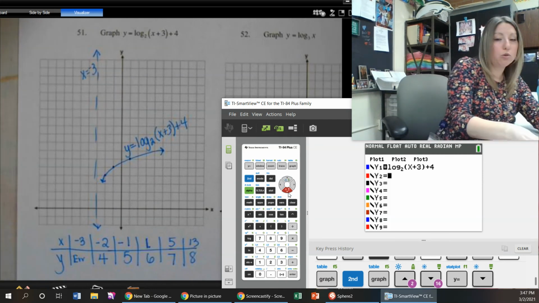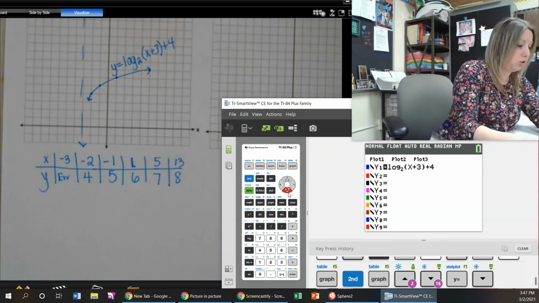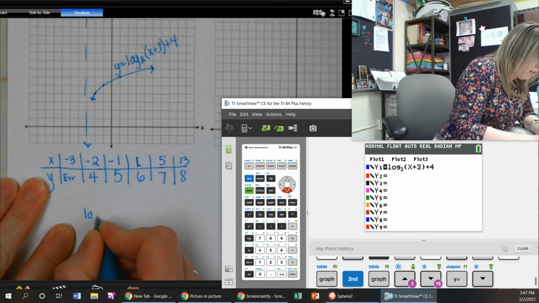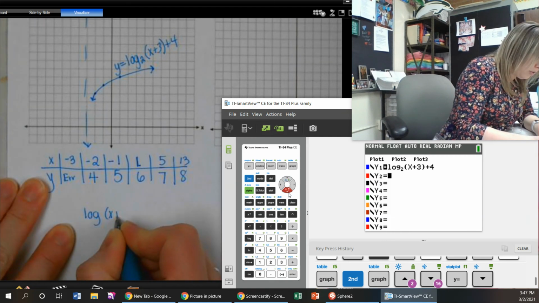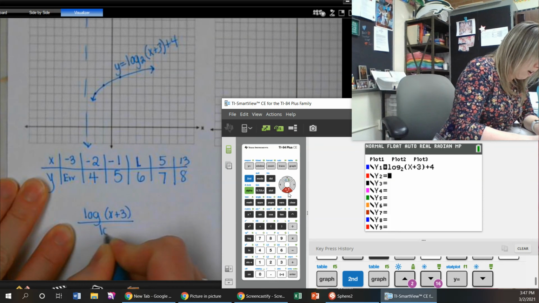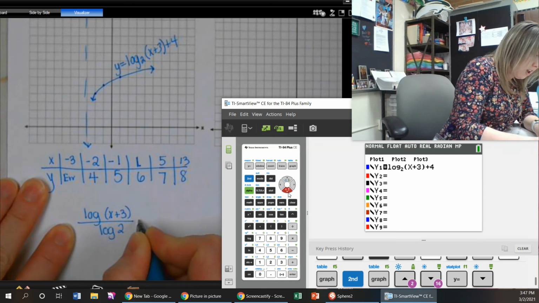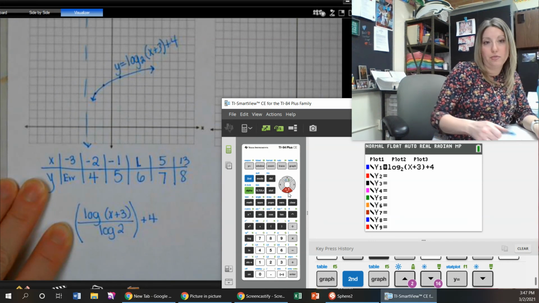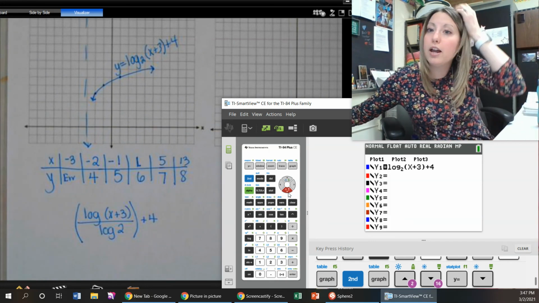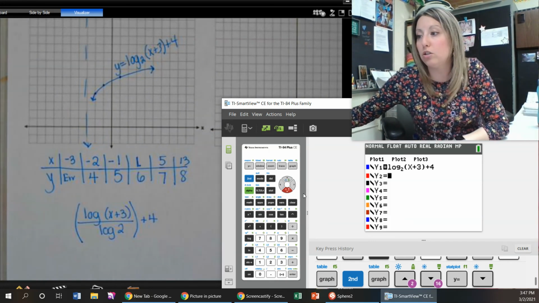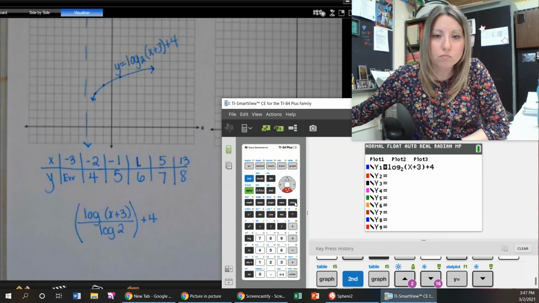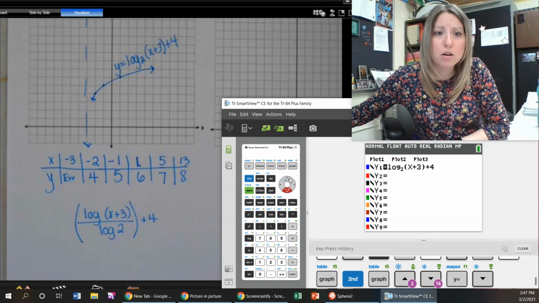So when you go to enter this, it's log of x plus 3 divided by log of 2, the base, and then this +4 is off to the side, and this whole thing needs to be in parentheses. So you're going to have to be careful if that's what you choose to use.